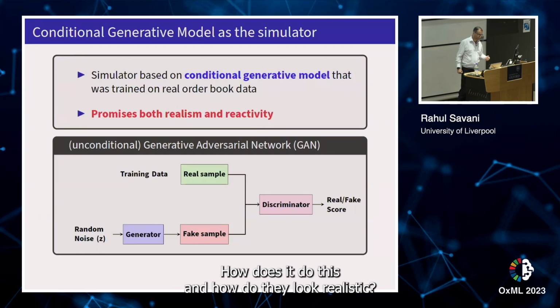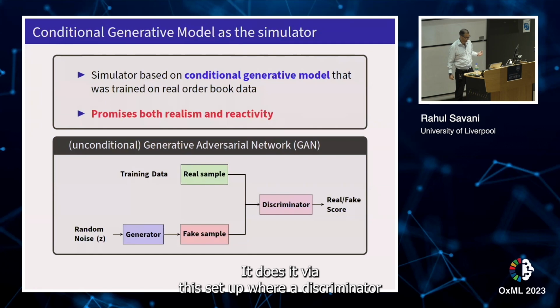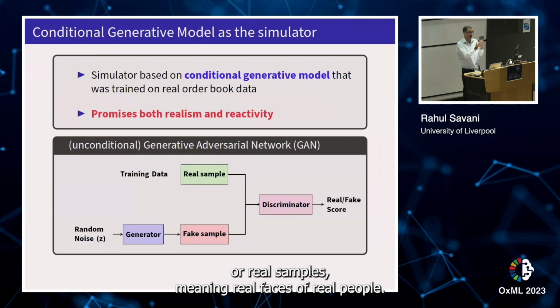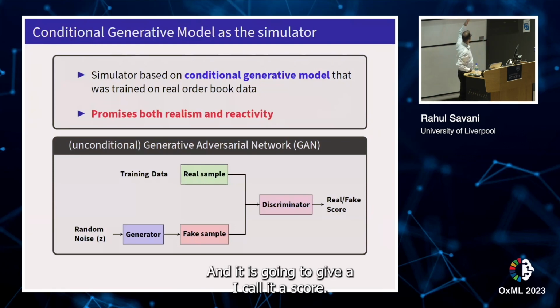How does it do this and how do they look realistic? It does it via this setup where a discriminator is going to be fed stuff produced by the generator or real samples, meaning real faces of real people, and it is going to give, I call it a score. It could be a probability, but it's not always.